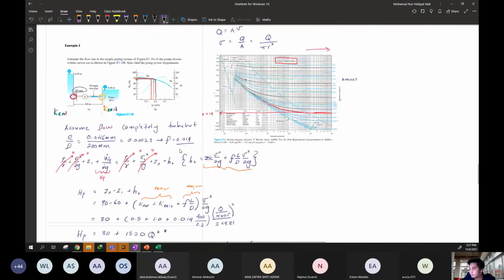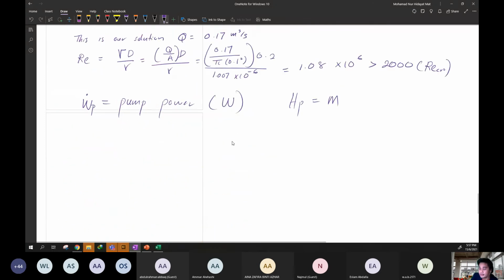So, how to get the WP? Remember our correlation previously: head of the pump is equal to W dot, this is pump power, the work rate of the pump, over M dot g, over the efficiency of the pump, because the pump is the input. Input should be at the denominator side.